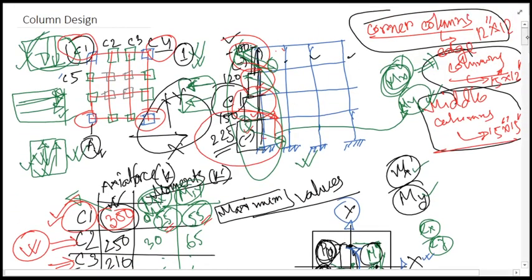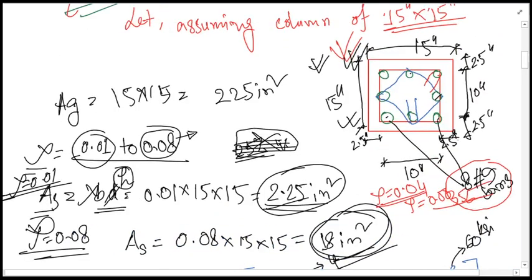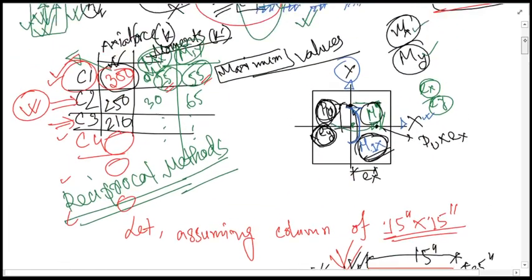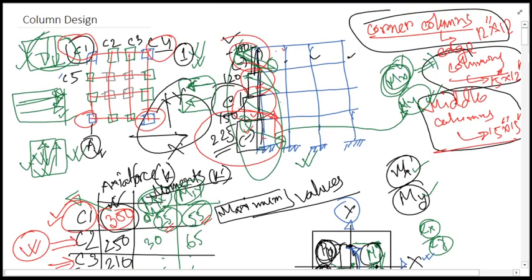If you have used 8 number 9 bars, after 3 or 4 stories you will not need 8 number 9 bars. You can cut these two or these two and keep only 4 number 9 bars. That is possible.